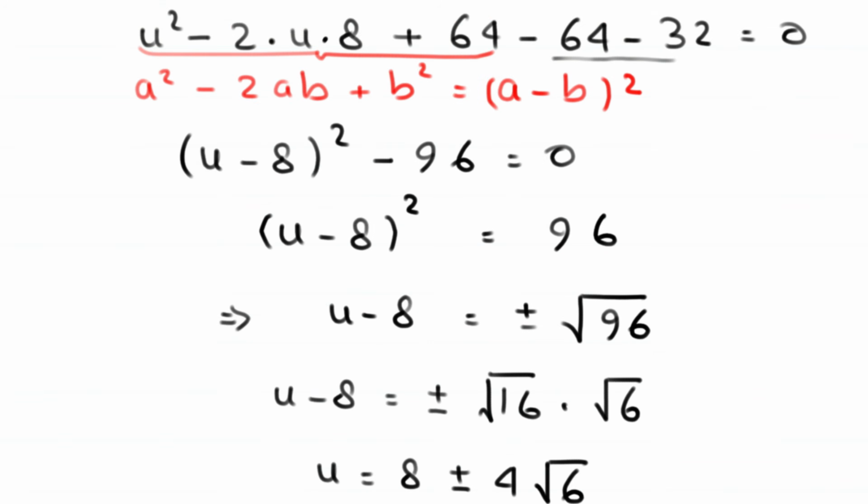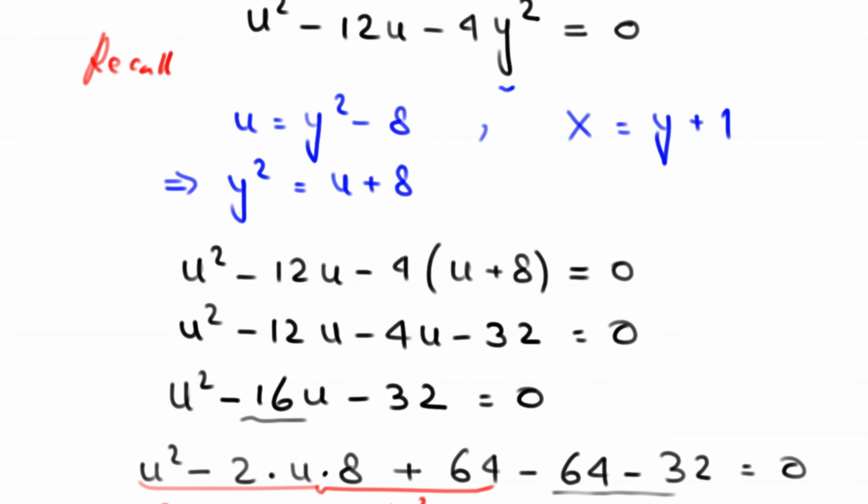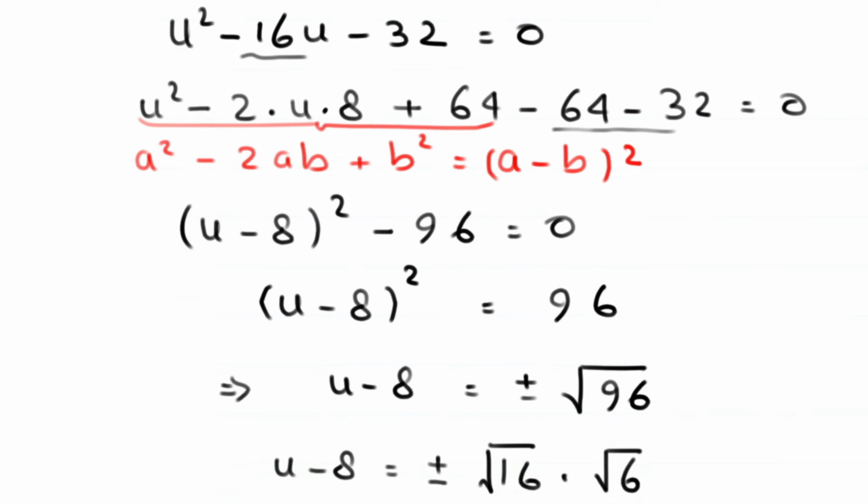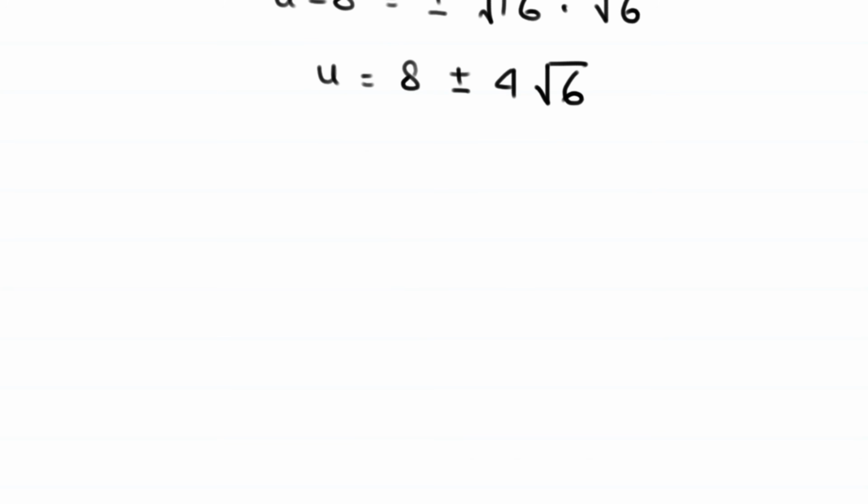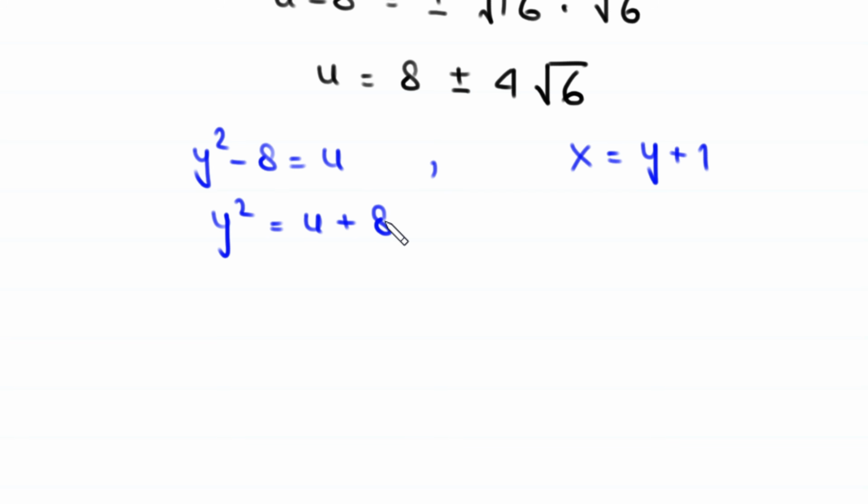Now recall that u is equal to y squared minus 8 and x is equal to y plus 1. Recall that y squared minus 8 equal to u. Move this negative 8 to the right hand side. This will become y squared equal to u plus 8.